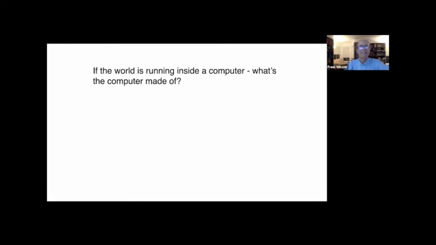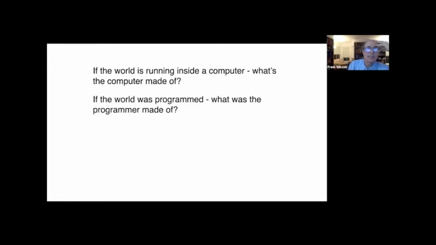But there's an embarrassing question, which is, if the world is running inside a computer, what's the computer made of? If the world was programmed, what was the programmer made of? And most of all, to me, if any of these ideas are true, why is the program so inefficient?